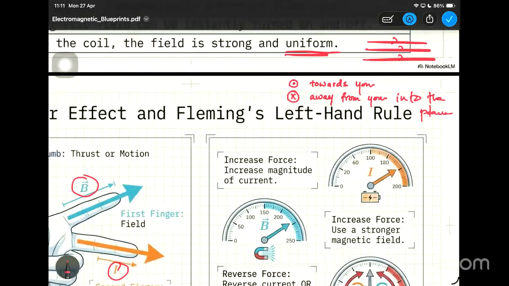Something like going through the book, going through the paper, going away from you. And in the other one, coming towards you through the paper. Something pointing at you, right?